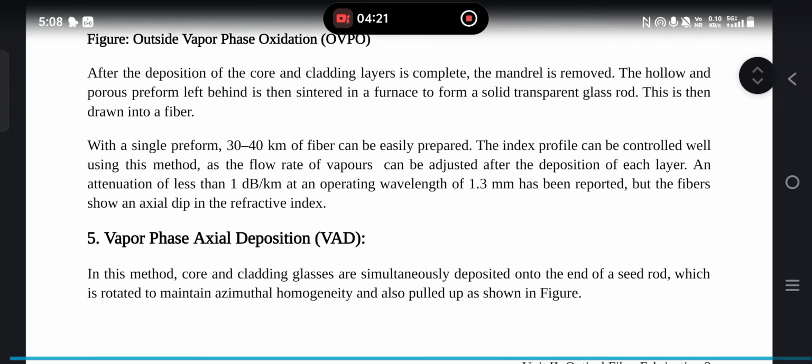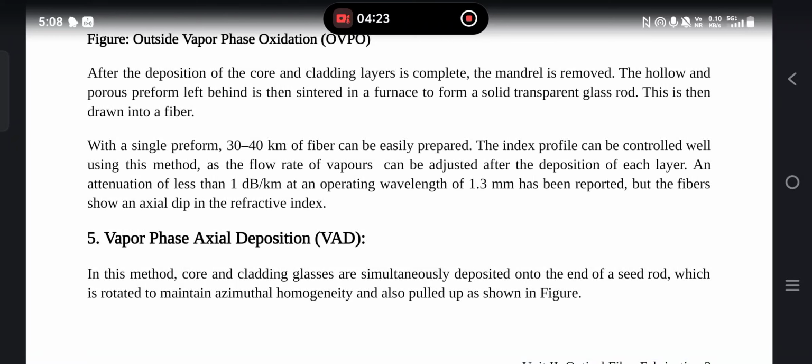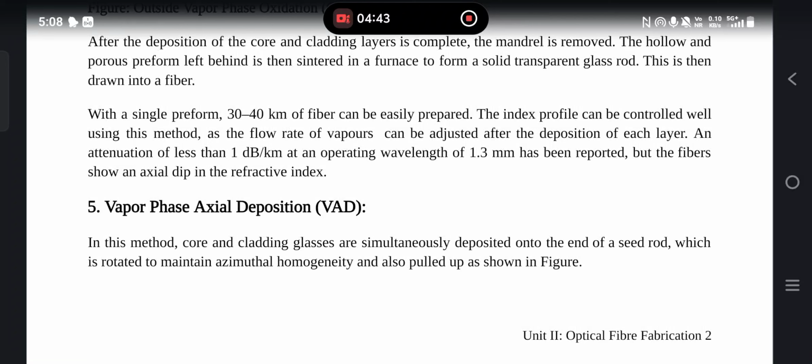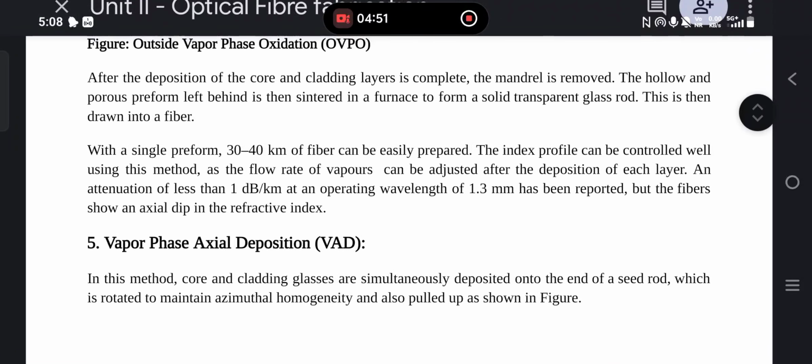With a single preform, 30 to 40 kilometers of fiber can be easily prepared. The index profile can be controlled well using this method, as the flow rate of vapors can be adjusted after deposition of each layer. An attenuation of less than 1 decibel per kilometer at an operating wavelength of 1.3 micrometer has been reported, but the fiber shows an axial dip in the refractive index.